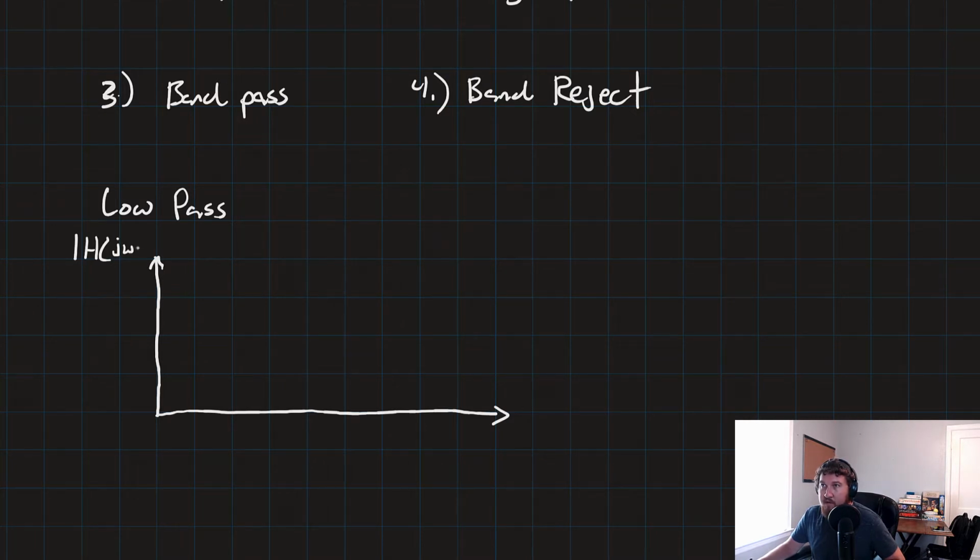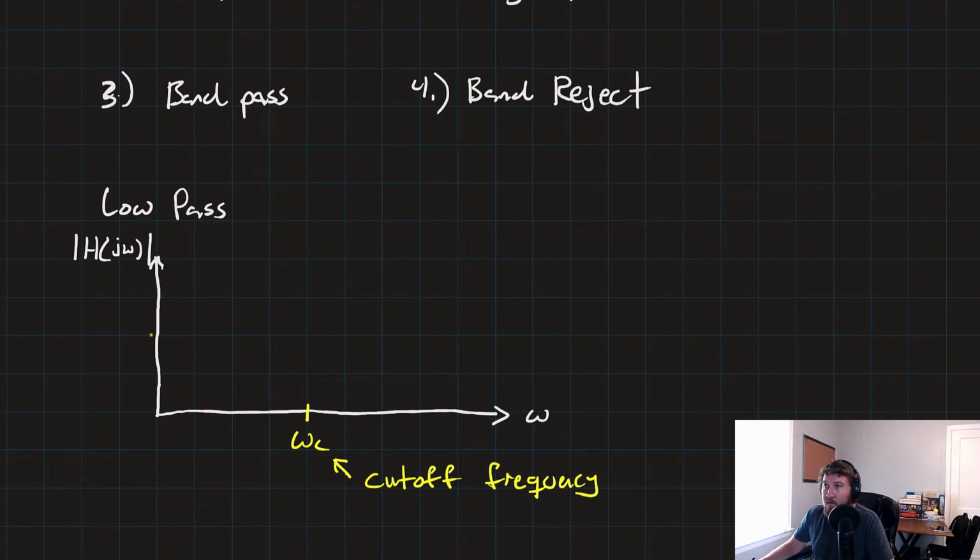Remember that s is equal to j omega, so we'll go ahead and write it that way: H of j omega, and on the horizontal axis, we'll just have frequency. And at some point here that we'll call omega C, this is called the cutoff frequency, that graph will transition from 1 all the way to 0.